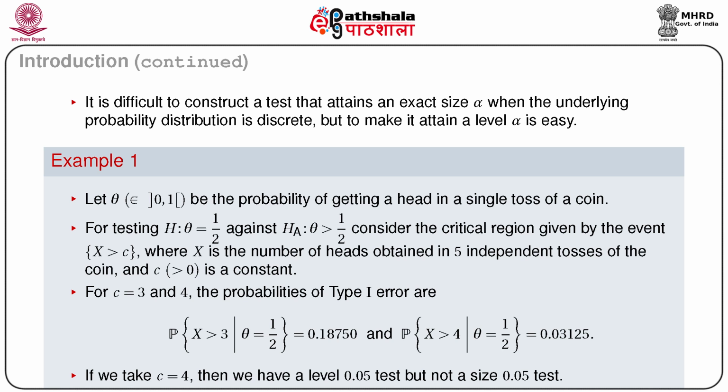Now under H naught, X follows binomial distribution with parameters 5, half.